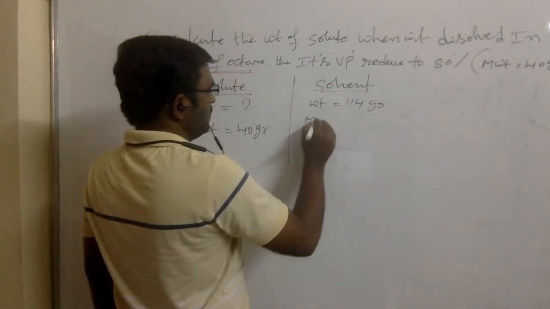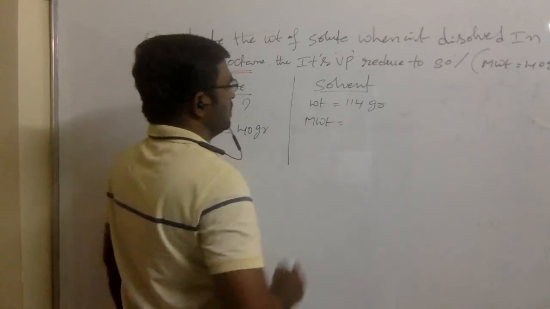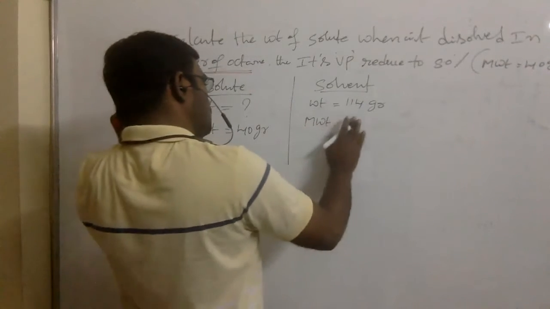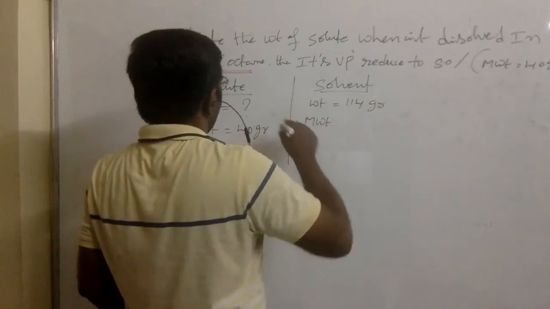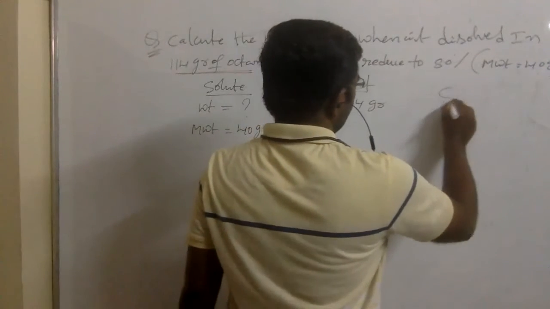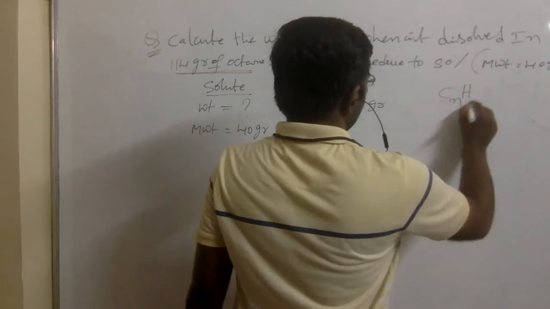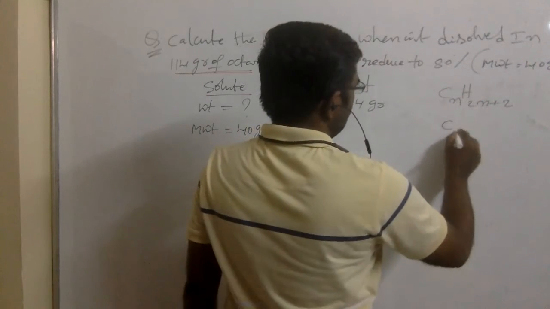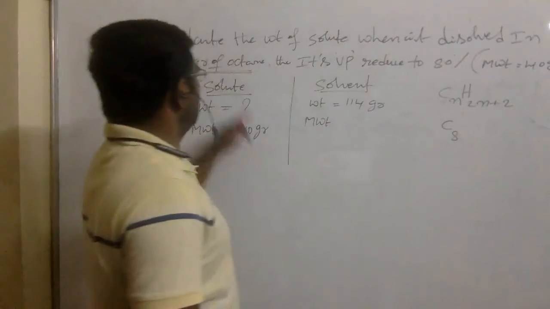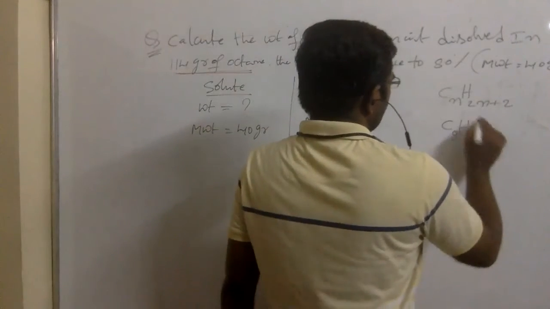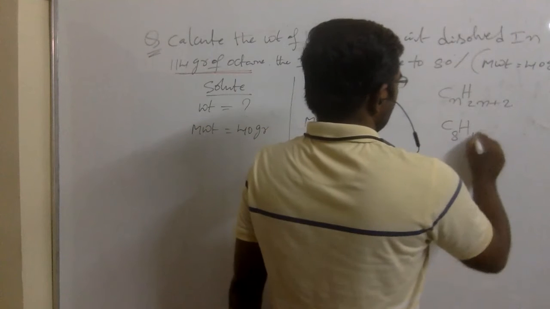But an important point is how to calculate the molecular weight of octane. Before you calculate the molecular weight, know the formula of octane. Octane, you know, is in the alkane family. The general formula of alkane is CnH2n+2. Here n is 8, because this is oct. Oct means n equal to 8. 2 eights are 16 plus 2, 18.